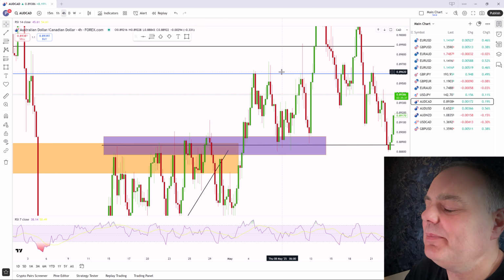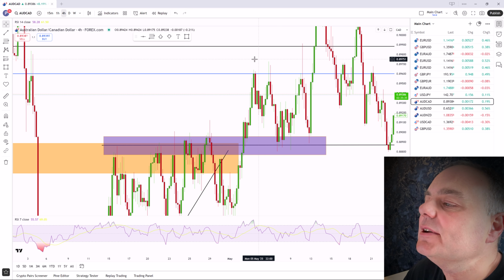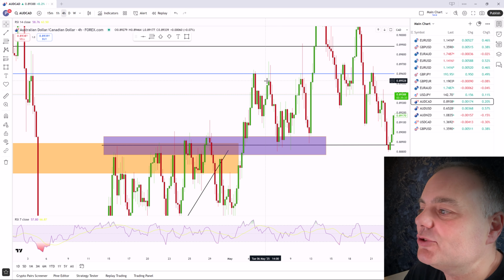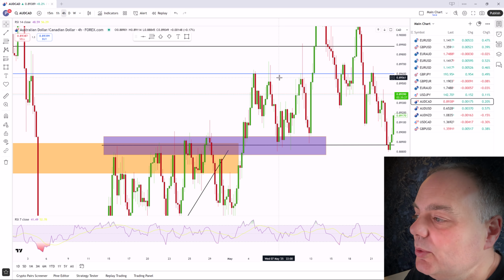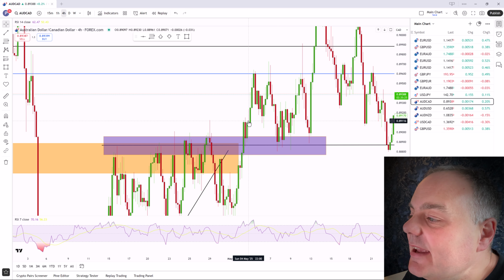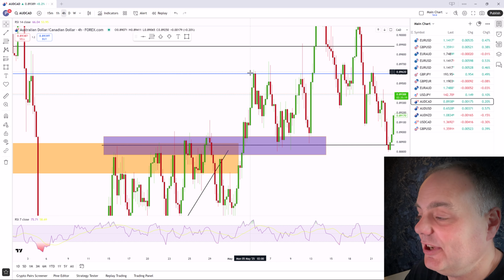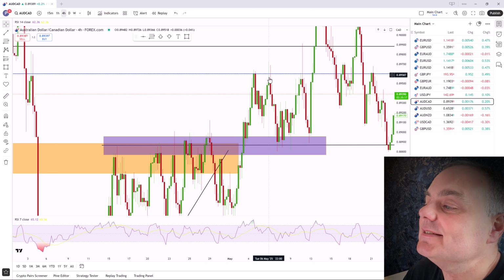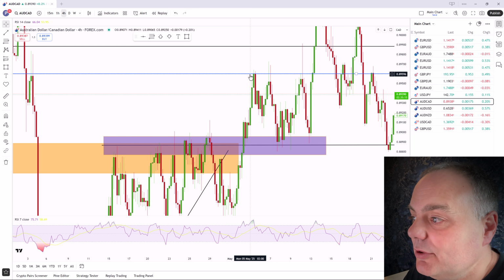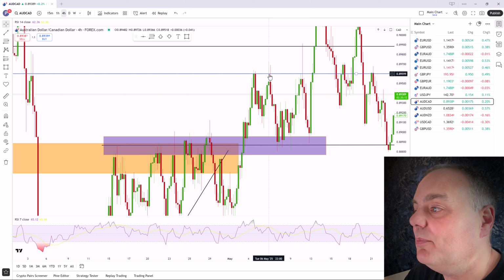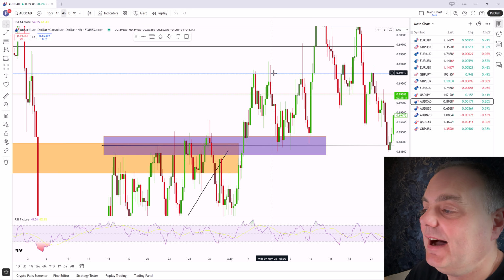That might sound a little bit confusing at first. But essentially what you're doing is taking a messy, chaotic situation and anchoring it in your rules. By taking the first leg here and saying, there's the close, I'm going to use that as my judge, and there's the high, I'm going to use that as my judge, and as long as the second test hits the highest close but doesn't close above the highest high, I say valid double top.